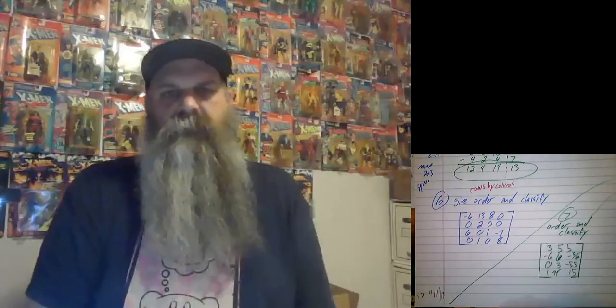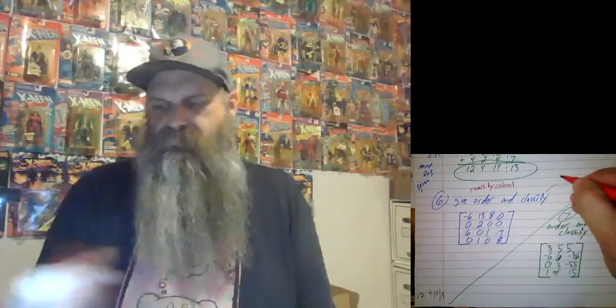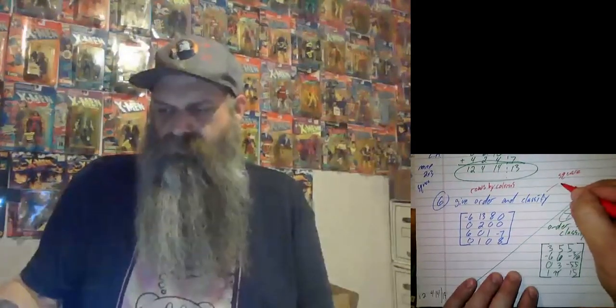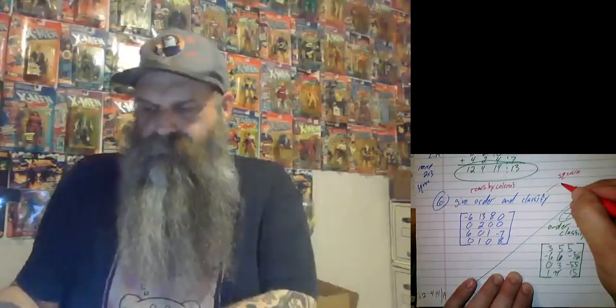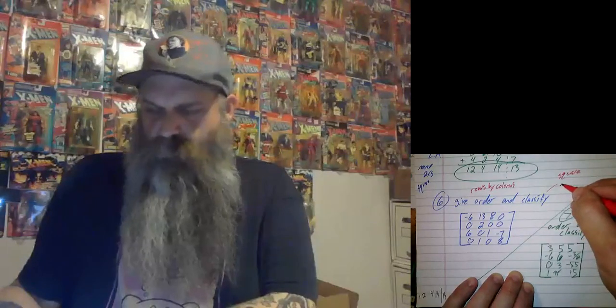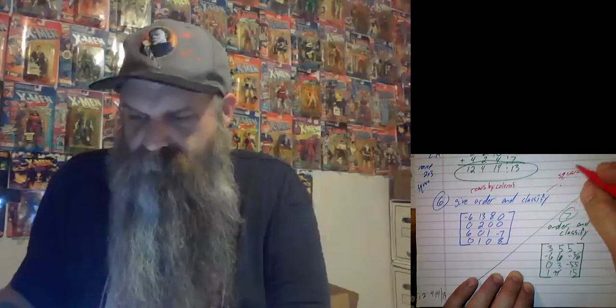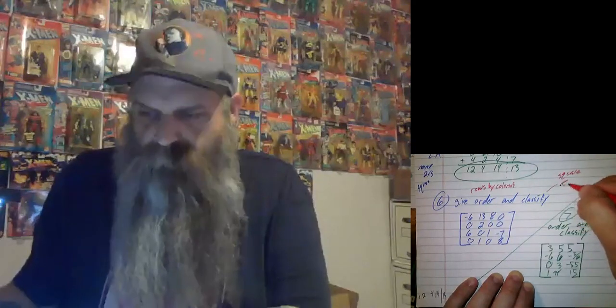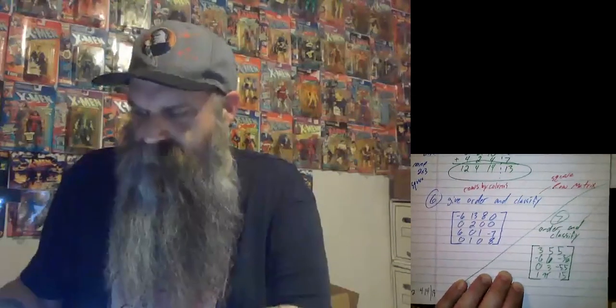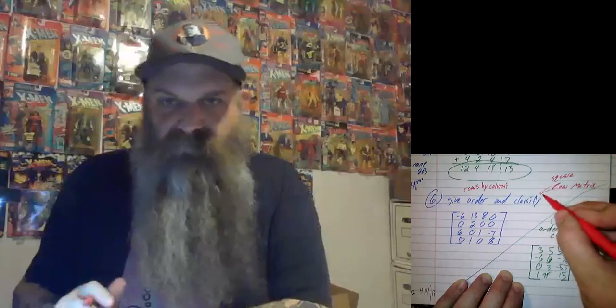And then classify, it can be square, a row. If it's one row, then it's a row matrix, sorry. I'll just leave that in.